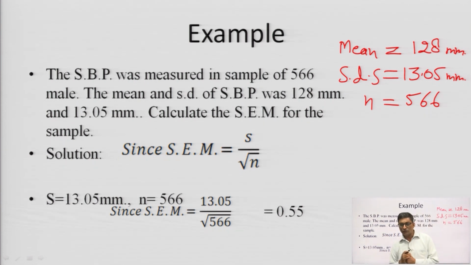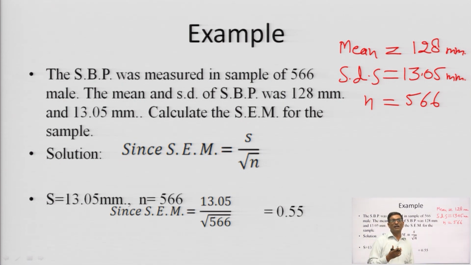Now, put the values in the formula SEM equals s by root n. So, SEM equals 13.05 upon square root of 566, and on solving this we get the standard error as 0.55.